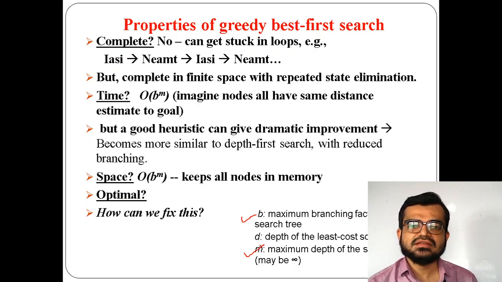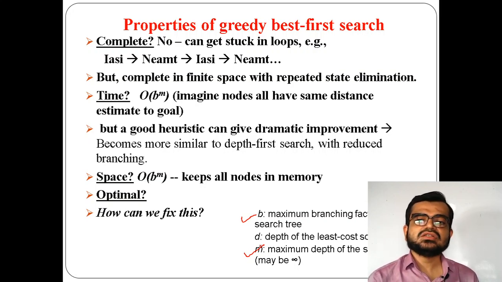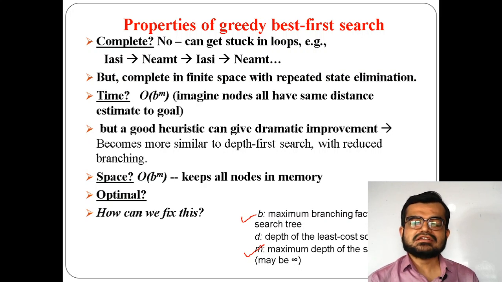How can we fix this? We fix this problem with the next approach, that is A star search, which is the next search. So greedy best first search is not that efficient compared with A star search, because in A star search you can avoid such problems.